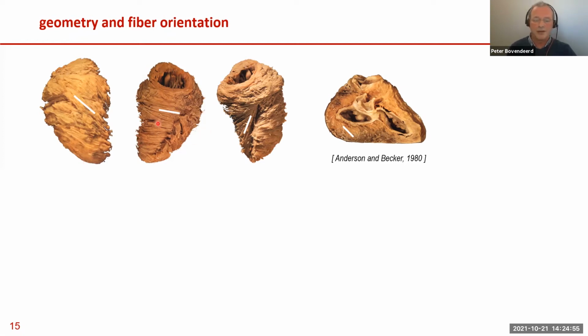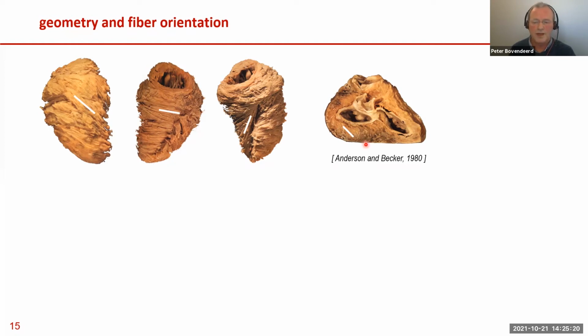In the midwall layers, it's more circumferentially oriented. And then at the inner layers, once again, we see more or less axial fibers. If we look on top of the ventricle, so here you see the left and the right ventricle, you can also see that fibers tend to cross over in between the inner layers of the heart and the outer layers.